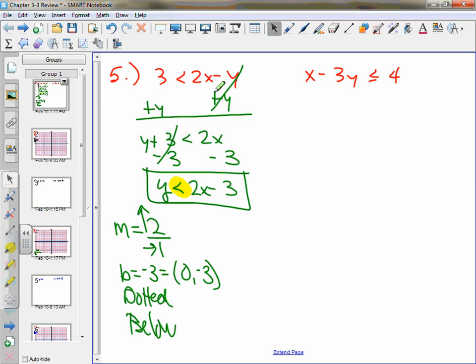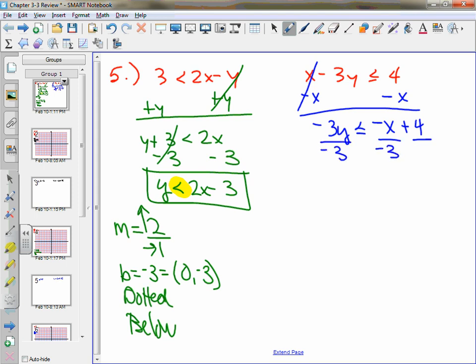So now, I need to take the right equation and solve it for y. So what do I do? Subtract x from both sides. Excellent. So I have negative 3y is less than or equal to negative x plus 4. Do you all see that I put the x before the 4? Why did I do that? Because we always like things in the form of y = mx + b. Now, I'm going to divide each and every term by negative 3.